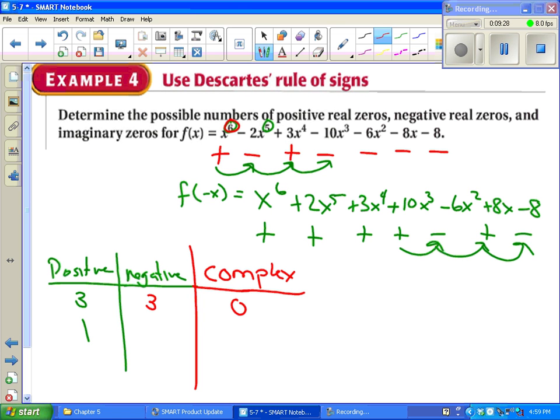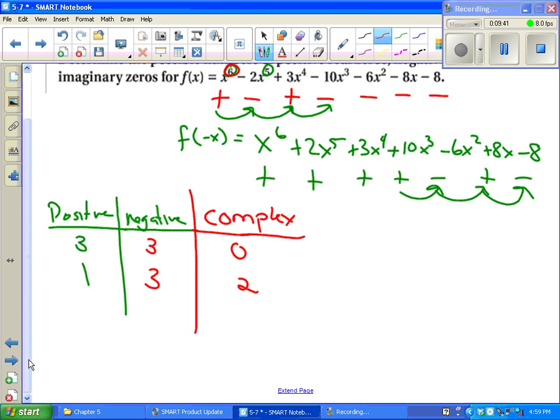If we had 3 positive and 3 negatives, we'd have 0 complex. We could have 1 positive and 3 negative, which would leave 2 complex. We could have 3 positive, 1 negative, 2 complex. Could have had 1 positive, 1 negative, and 4 complex.